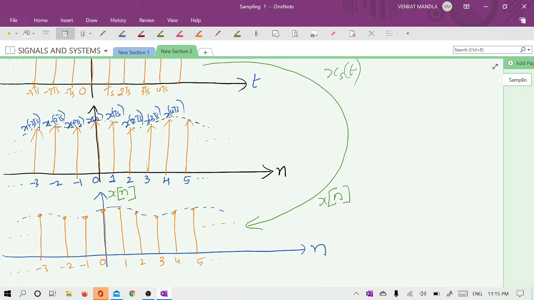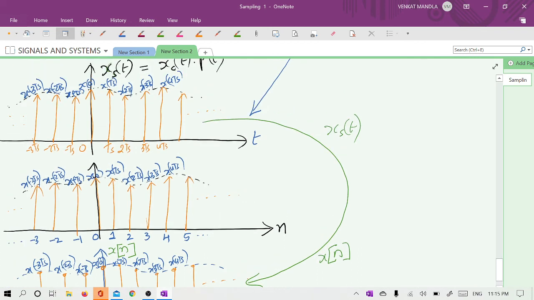Here this is x of 0 only, this is x of ts only, this is x of 2ts, x of 3ts, x of 4ts, x of minus ts, x of minus 2ts, x of minus 3ts. The only difference is here to here.